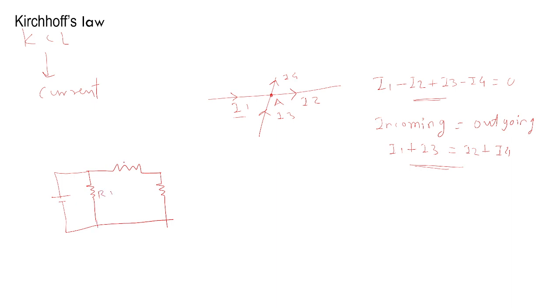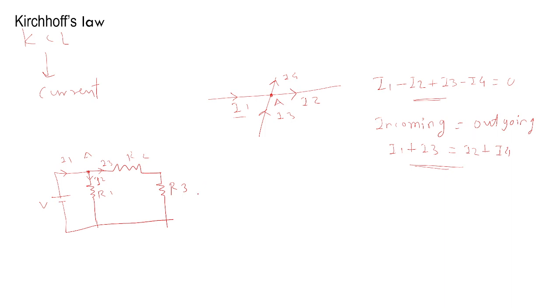This is R1, this is R2 and this is R3. This is the voltage source. At node A, the current I1 is incoming, I2 is outgoing and I3 is outgoing. If we want to write the KCL equation, how are we going to write it? Who is the incoming current at node A?